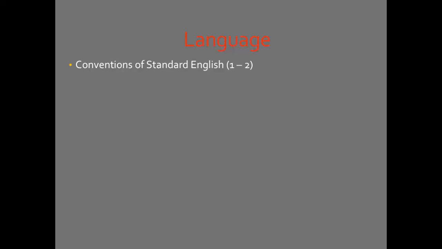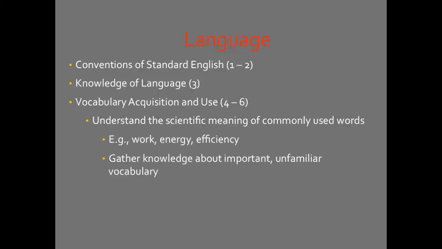So for language, the anchors are conventions of standard English and knowledge of language. Obviously, those are important in any kind of writing. One of the big ones important in science is vocabulary acquisition and use. Specifically, I think the understanding of the scientific meaning of words. We can think about things like work, energy, efficiency, things that we use in everyday life that have a different meaning when we're thinking about them in a scientific way, right?